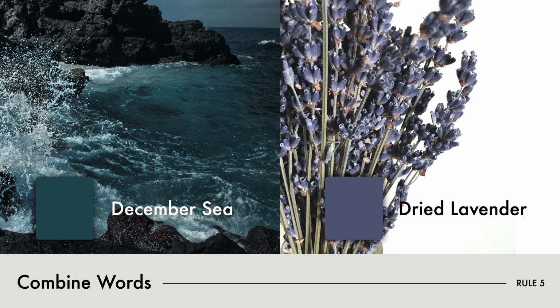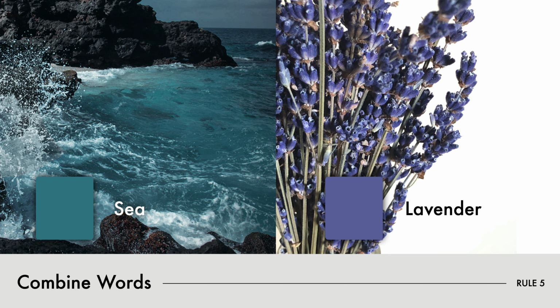So here's an example here of we have December being the modifier, and dried lavender. And those are lovely colors because we have those associations there, and modifying them gives us the taste of that particular color, not just a lavender, not just a blue, greenish thing, but a particular one, and one that we have an association with.